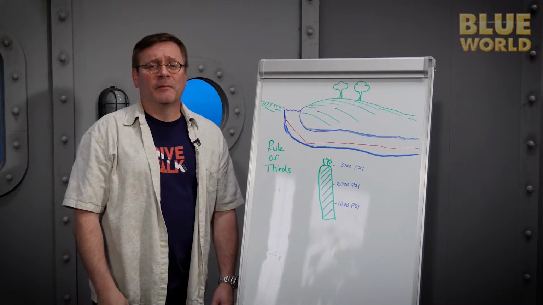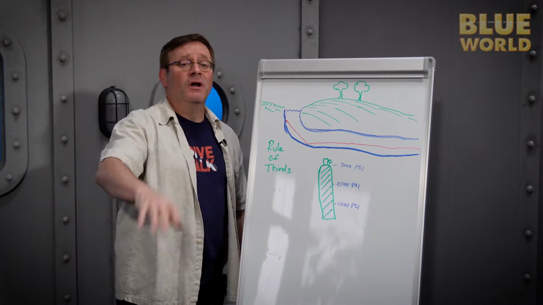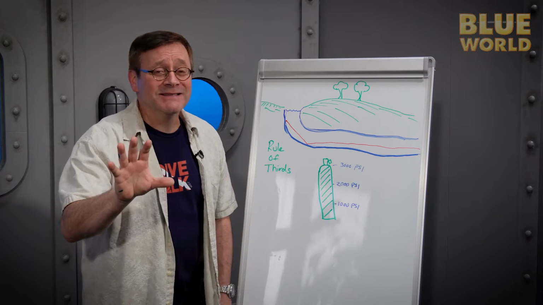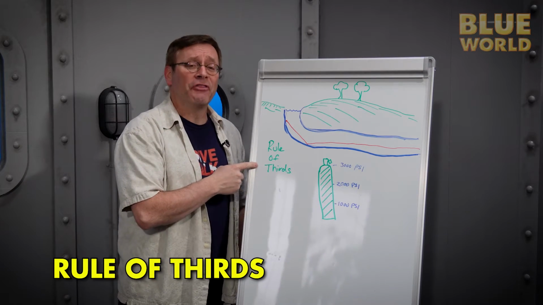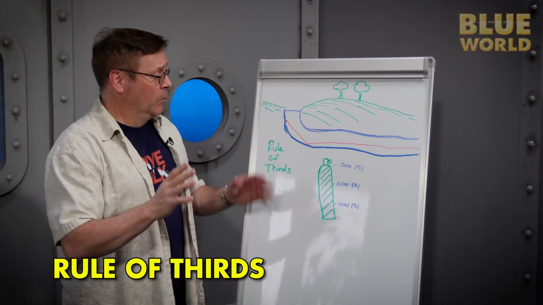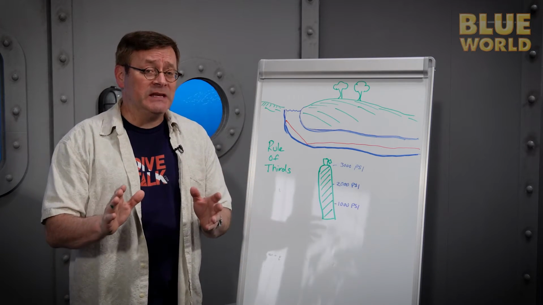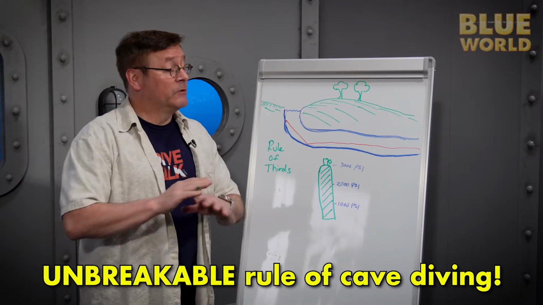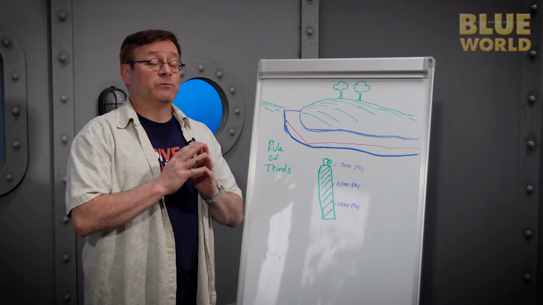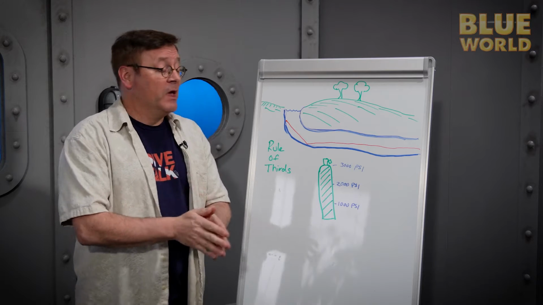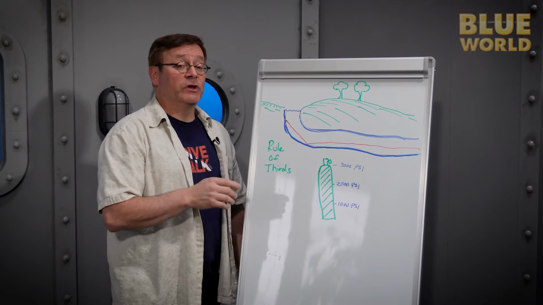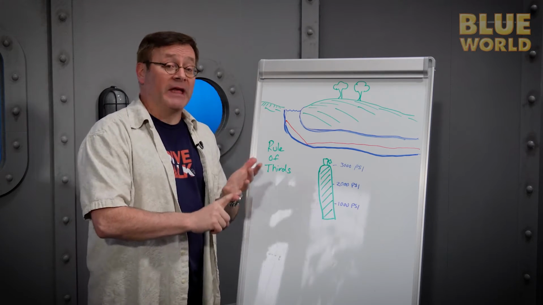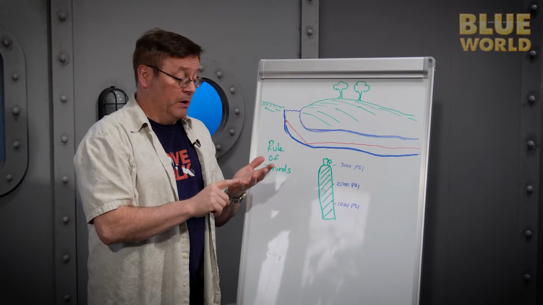So before we talk about a traverse, let's review a very important cave diving concept, and that is the rule of thirds. And what is the rule of thirds? Well, it basically states, and this is an unbreakable rule of cave diving, you cannot break this rule because it is one of the most important rules for safety. And that rule is that you can use 1/3 of your gas to go into the cave.